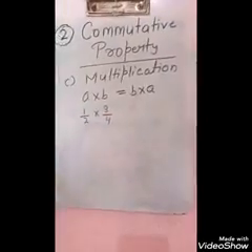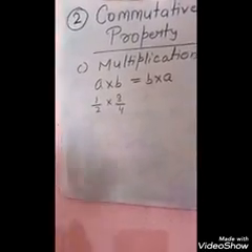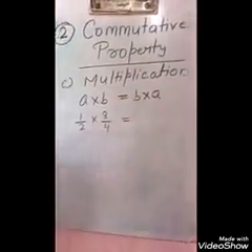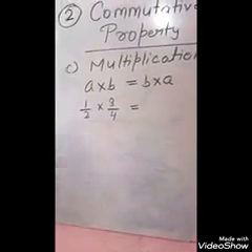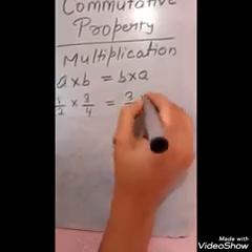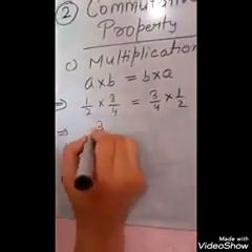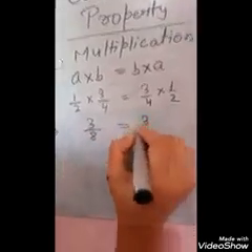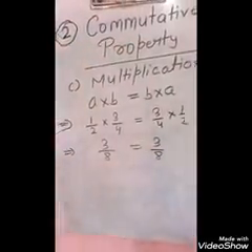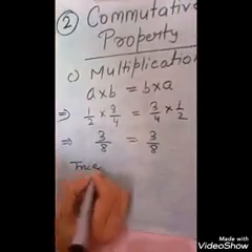Student, I am trying to take the same example for each and every property, so that it will be clear to you where the same numbers follow the property and where they do not. So 3 by 4. Now this is 3 by 8 and this is also 3 by 8. It means the commutative property is followed in multiplication, so it is true for rational numbers.